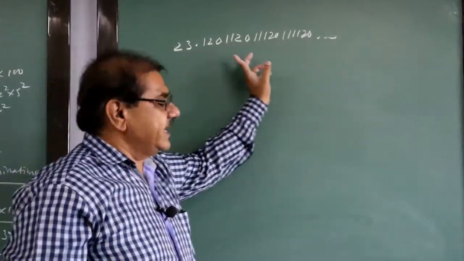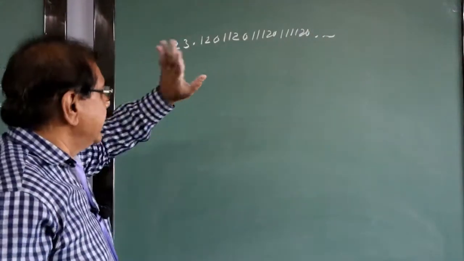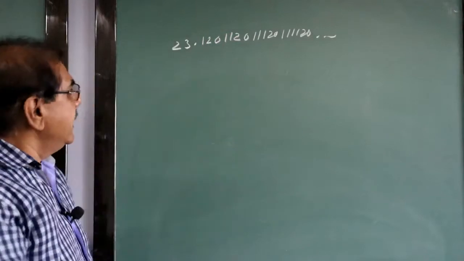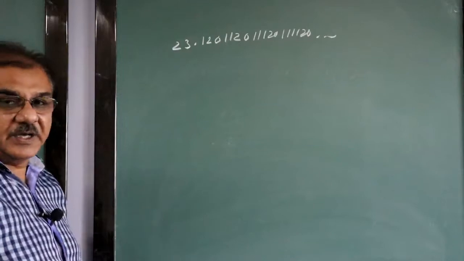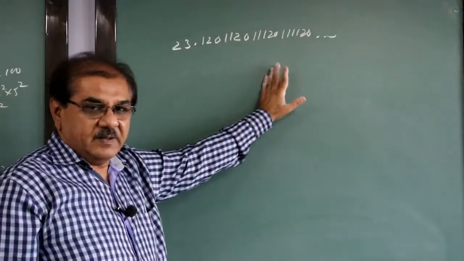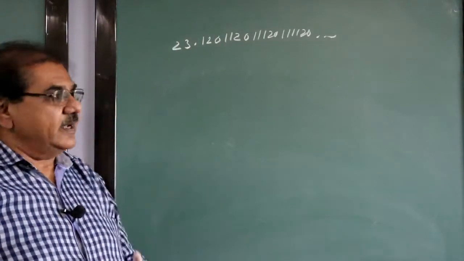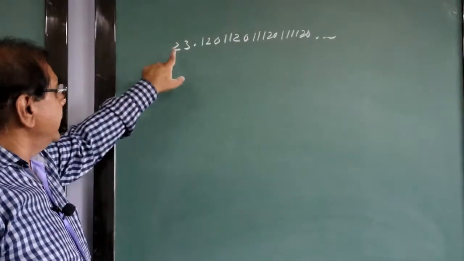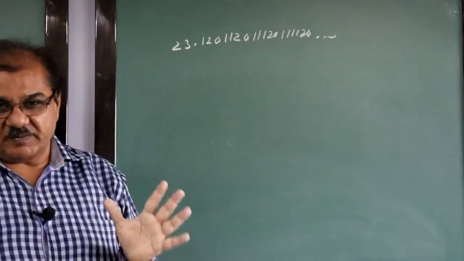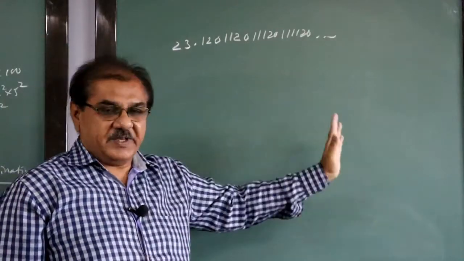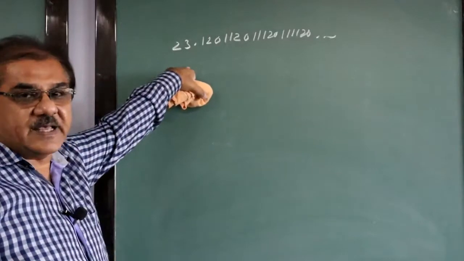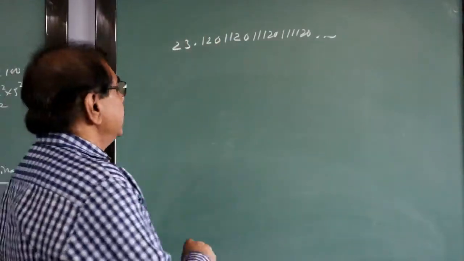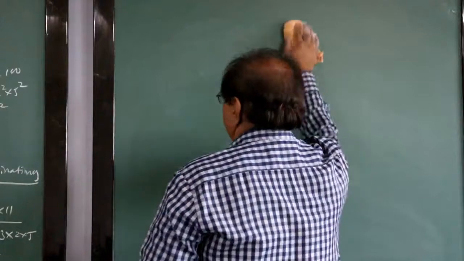Here you can check it is not ending somewhere. That means it is non-terminating. At the same time, the particular block of numbers is not recurring either. So such a number is non-terminating and non-recurring. So when the decimal expansion of some number we get in this form, which is neither terminating nor recurring, then definitely that is an irrational number. Okay? So this is how we can differentiate between rationals and irrationals.